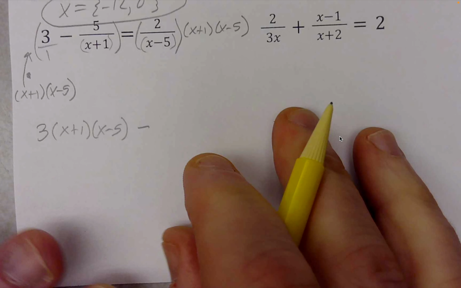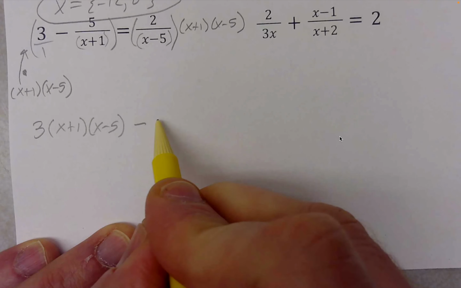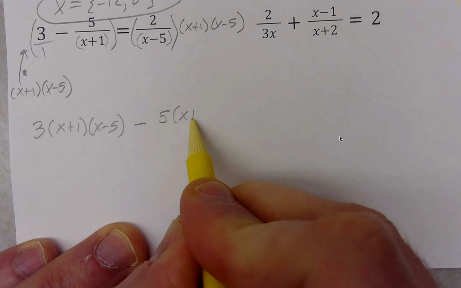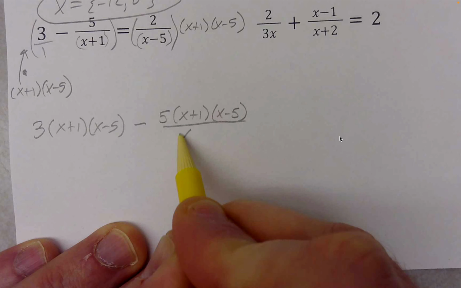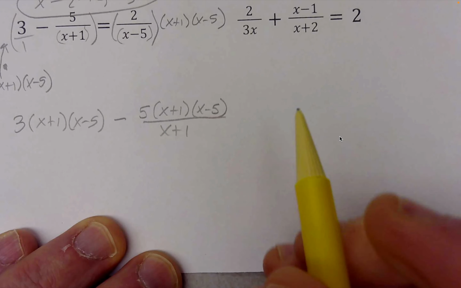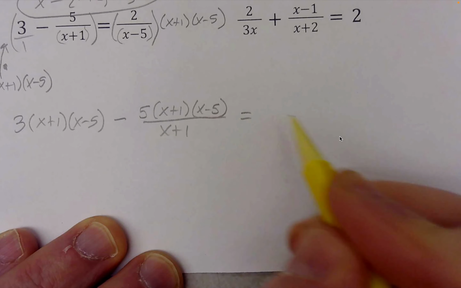Again, you could take a shortcut here, but let's just write it all out. Don't do any foiling yet, because you're going to get some cancellation that can happen here.